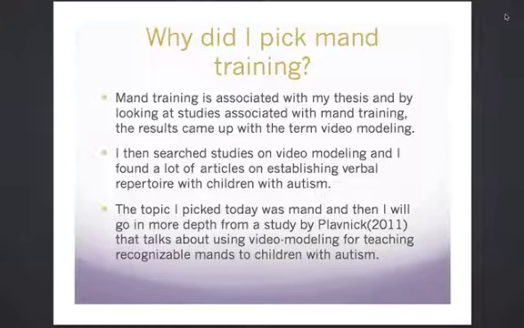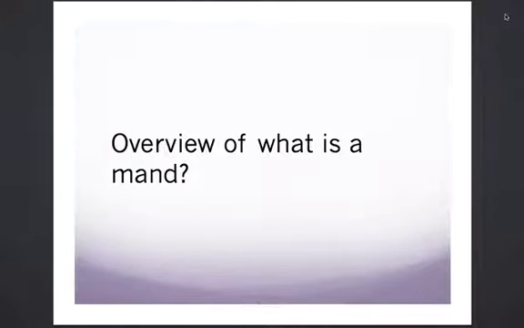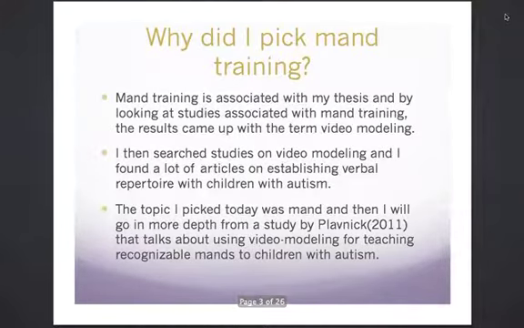So it's really interesting. I am not going to talk about experiment 1. I just focused more on experiment 2 where there was mand training, but this article does talk a little bit about the whole experimental control of the phases. So that was kind of cool, but then I just went into the function-based and looked at the research.